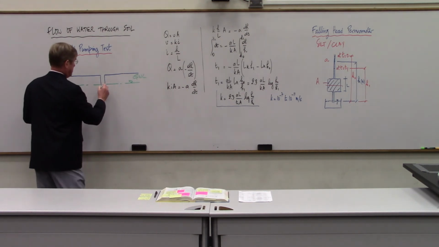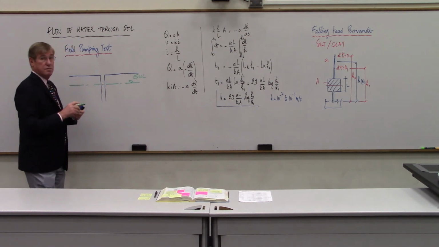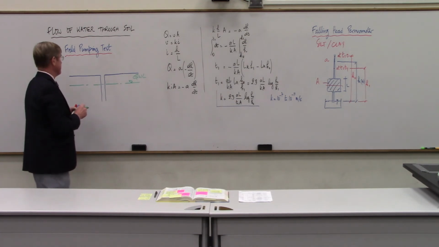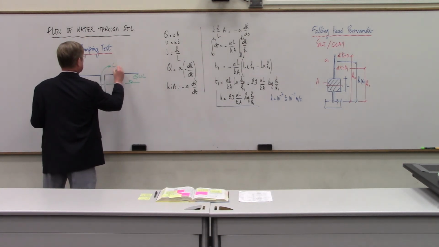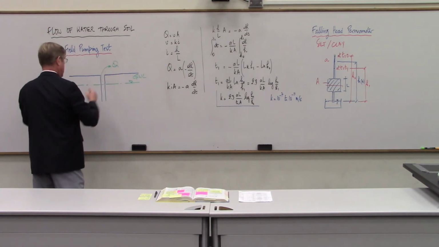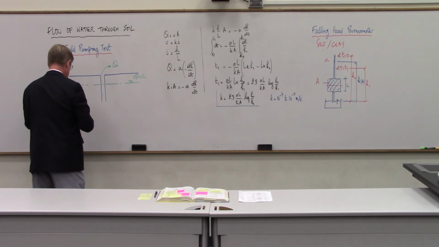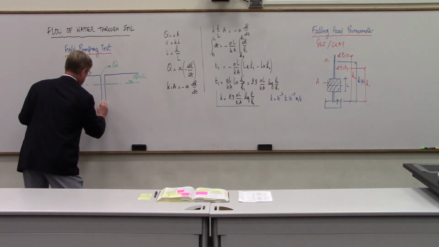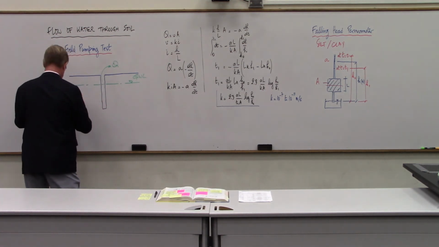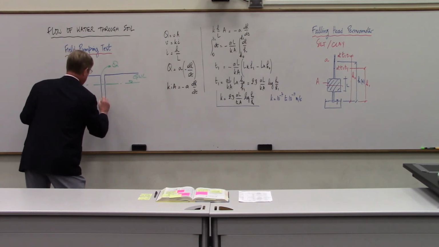And so the water level is here in the borehole. If you start pumping at a rate Q, then the water is going to go down in the hole. Let's say that the hole goes down to here, and the water is going to go down to here.